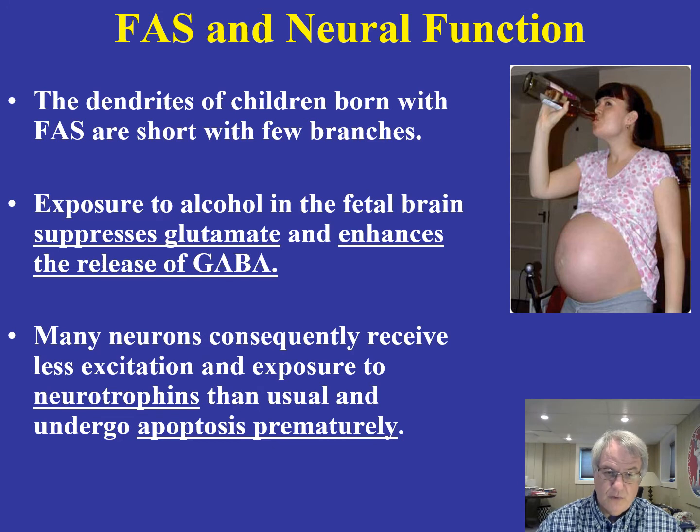We also know the important role that neurotrophins are playing. There seems to be less stimulation occurring of neurons in the central nervous system, and there's this premature cell loss, cell death that is occurring, something that we refer to as apoptosis.